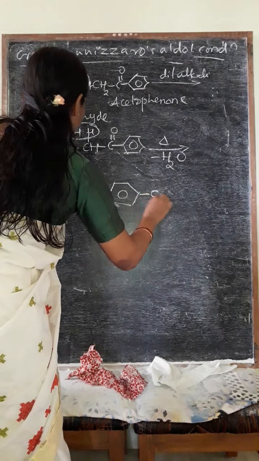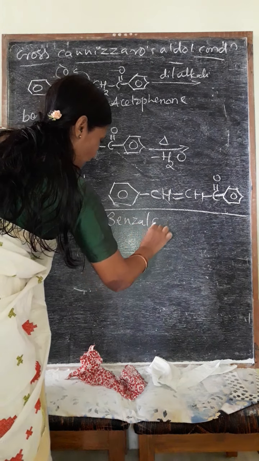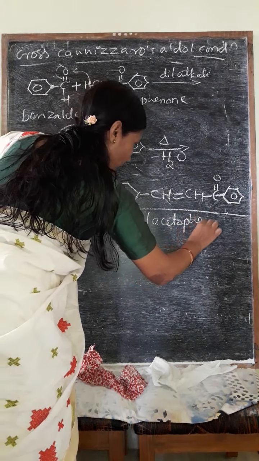The name of this product is benzalacetophenone, or by IUPAC name, 1, 2, 3 are the chain, and these are phenyl groups.